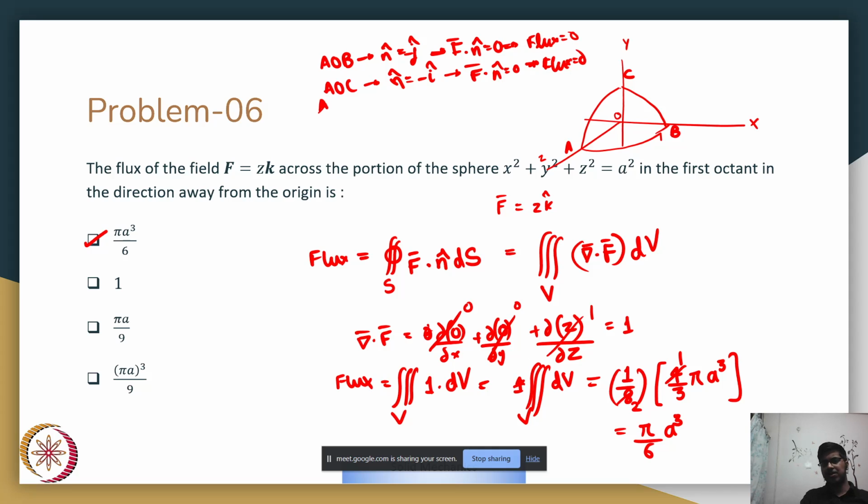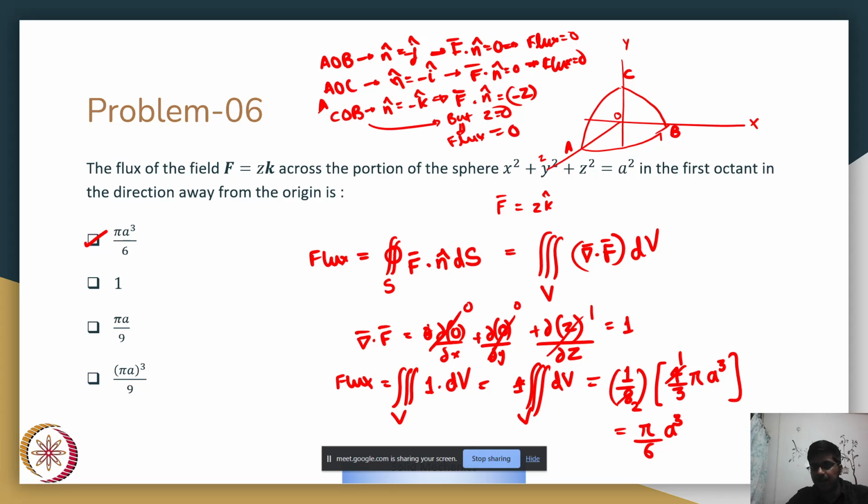If I look at the third one, which is COB, my normal vector is minus k hat. Therefore, F dot n is nothing but minus z, but z is 0 on this particular surface. Therefore, my flux is also 0.